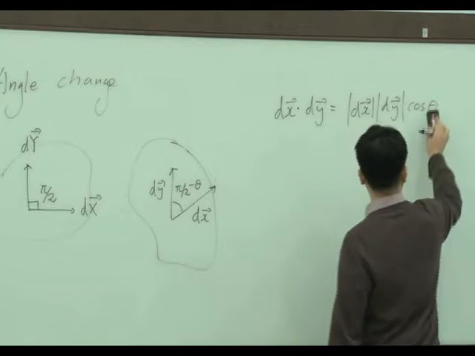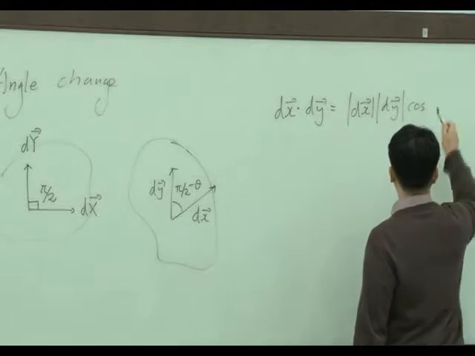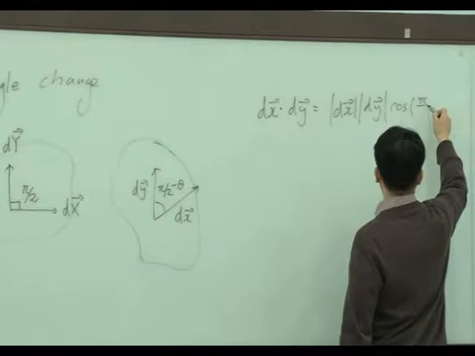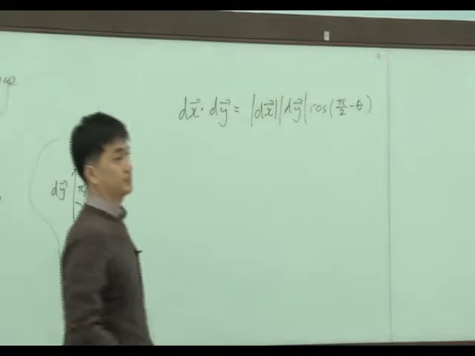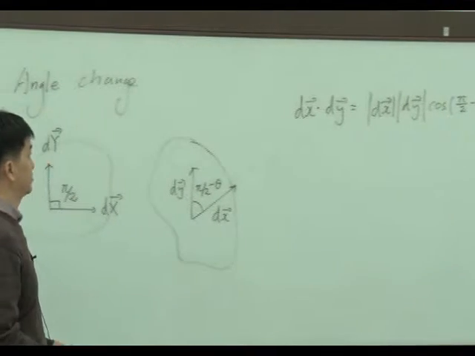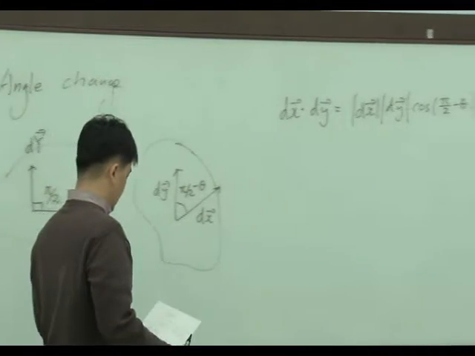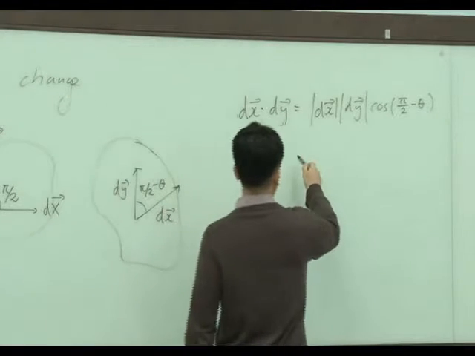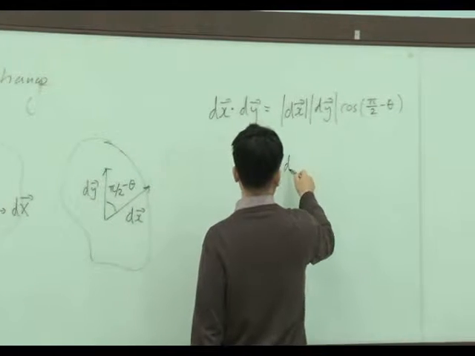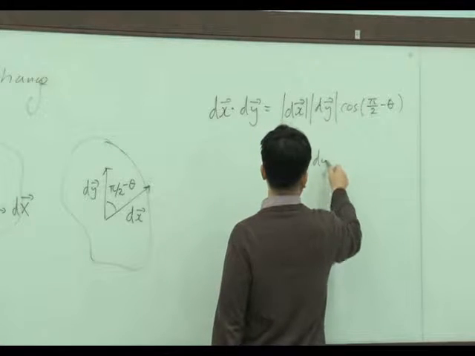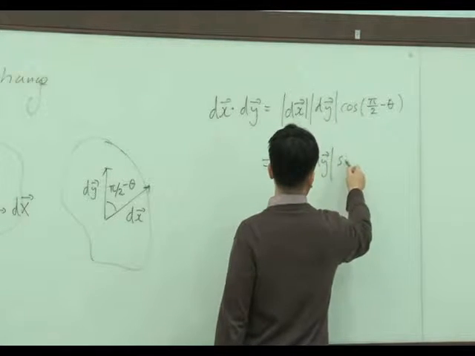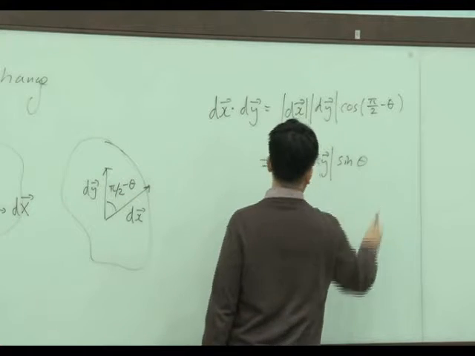So actually here, it is pi over 2 minus theta, right? And this is the same as the magnitude of dx, magnitude of dy, sine theta.